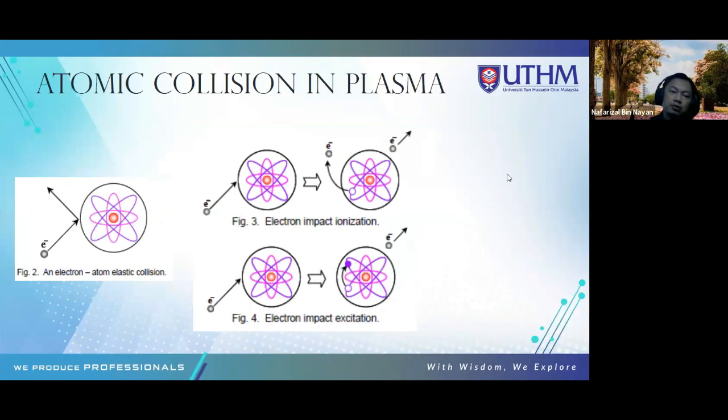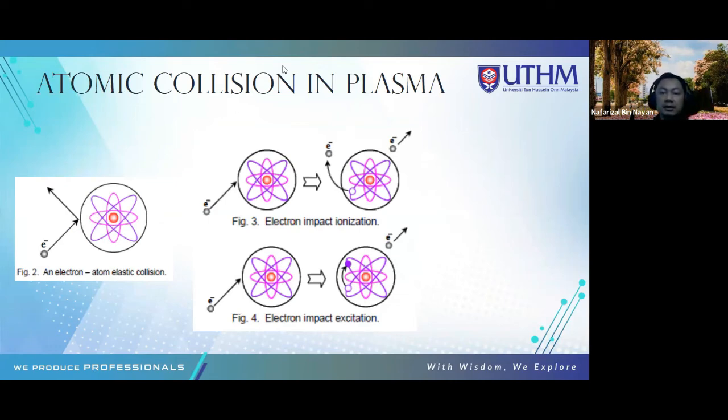So inside the plasma, we can see a lot of reactions that we can write down here. The most basic one is an electron that hits an atom and becomes an elastic collision, just goes away without any phenomena occurring.